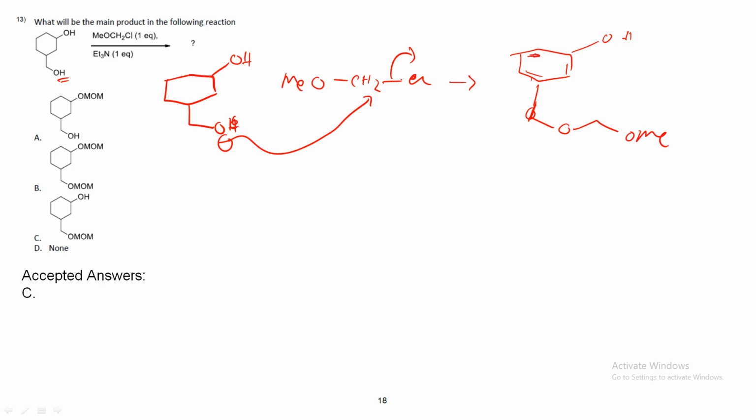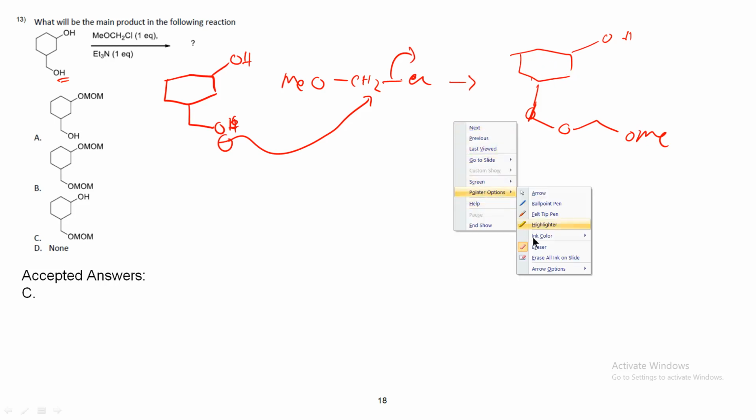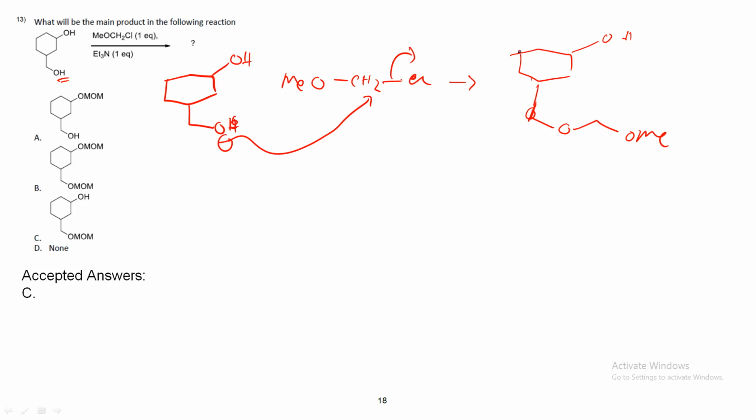Oh, sorry, no, clean this. No unsaturation is there. So this should be our product. So if we compare, it would be C. You can selectively protect the primary alcohol over secondary.